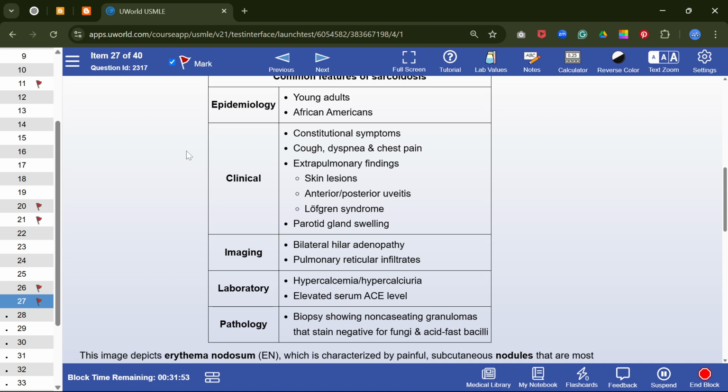Extrapulmonary findings: skin lesions, anterior or posterior uveitis, Löfgren syndrome, parotid gland swelling. Imaging shows bilateral hilar adenopathy and diffuse pulmonary reticular infiltrates. Labs show hypercalcemia and hypercalciuria, elevated serum ACE level. Pathology biopsy shows non-caseating granuloma that stains negative for fungi and acid-fast bacilli.